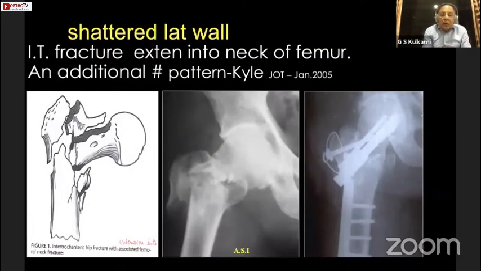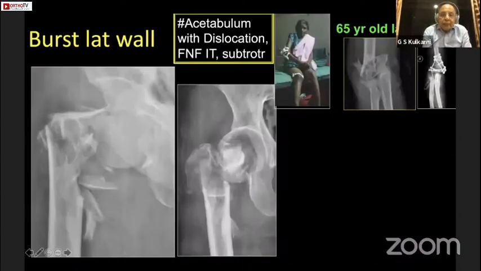This shattered lateral wall associated with a neck femur fracture is what is called a Kyle's fracture, and this was treated with DHS and a cerclage tension band wire. This is a case I have presented once. This is a burst lateral wall. This lady had an acetabular fracture with dislocation and fracture neck femur, IT fracture, subtrochanteric, and burst lateral wall.